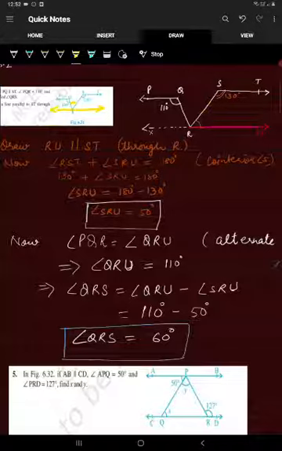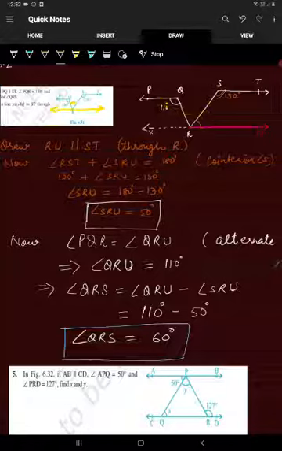Now, since PQ is parallel to XU, and XR is a part of the line XU, we can say PQ is parallel to XU also. In this way, angle PQR and angle QRU will be alternate interior angles, because they are on the alternate side of the transversal, and the measures of them should be equal.